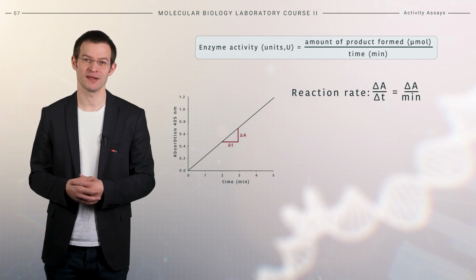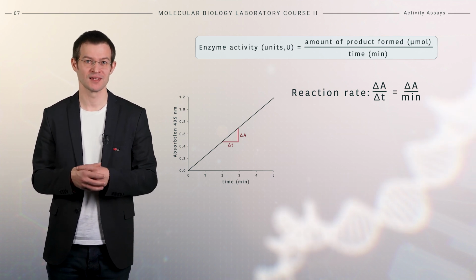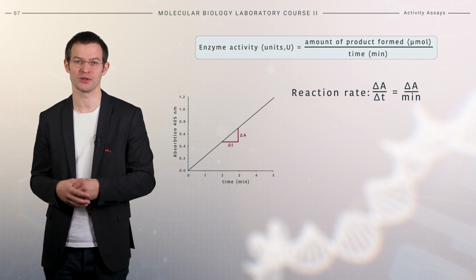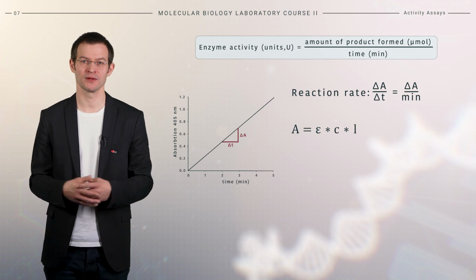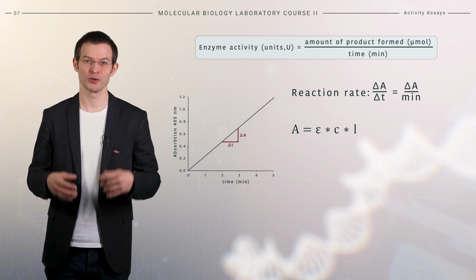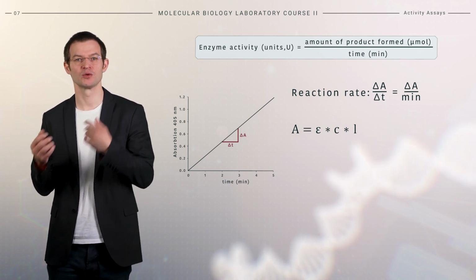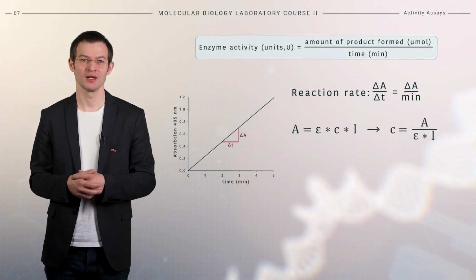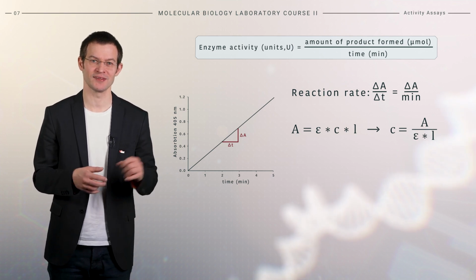In order to calculate enzyme activity in the form of units, we need to convert this absorbance change into a change in molar concentration. This can be done by using the Beer-Lambert law, which relates the absorbance of a molecule to its concentration. By rearranging the Beer-Lambert equation, we can solve it for the concentration c.